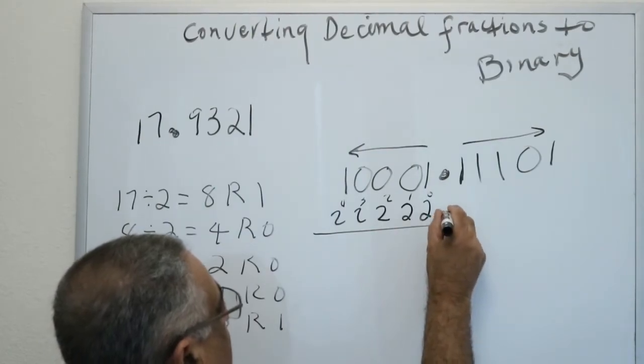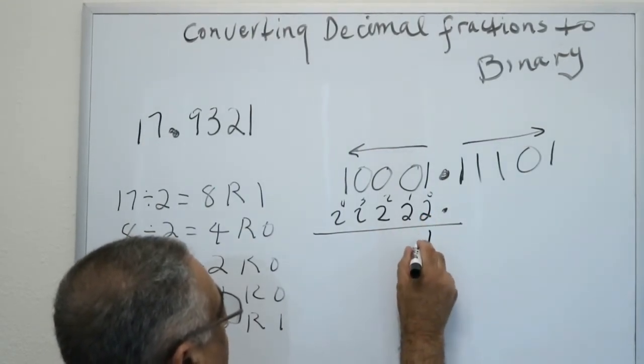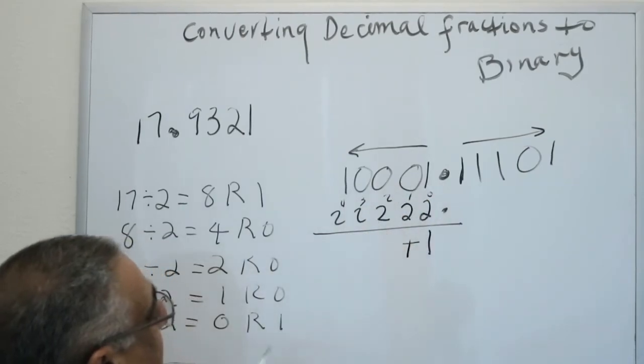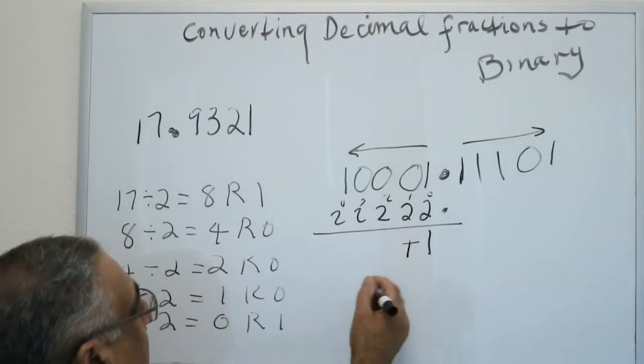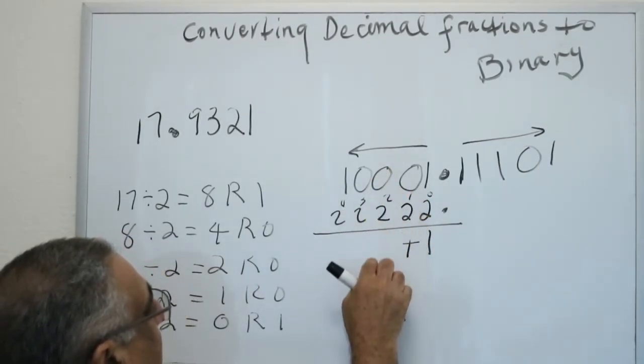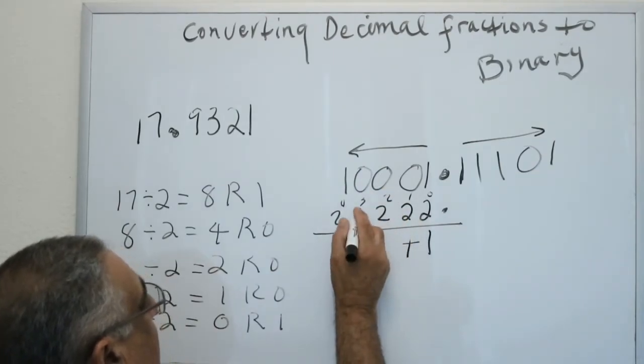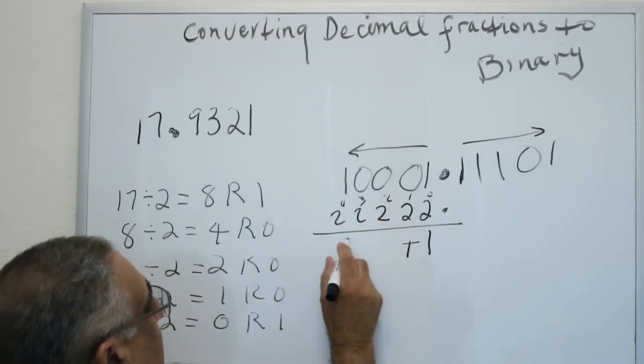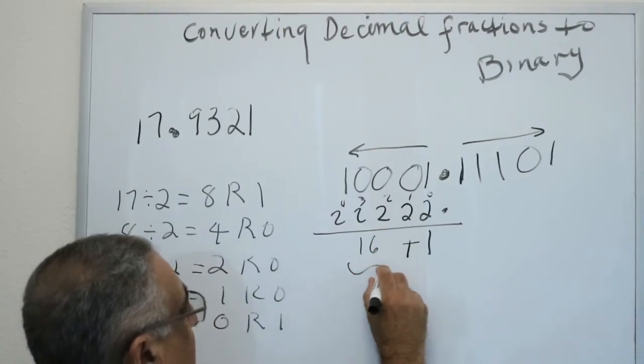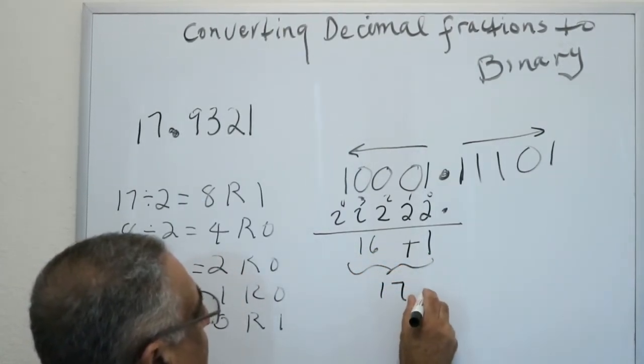So 2 to the 0 is 1. 2 to the first is 2, but that's 0, so I'm not going to count it. The same for the second, I'm not going to count that because that's 0 units. 2 to the third is 8. 2 to the fourth is 16. So when you add these up, I get 17.